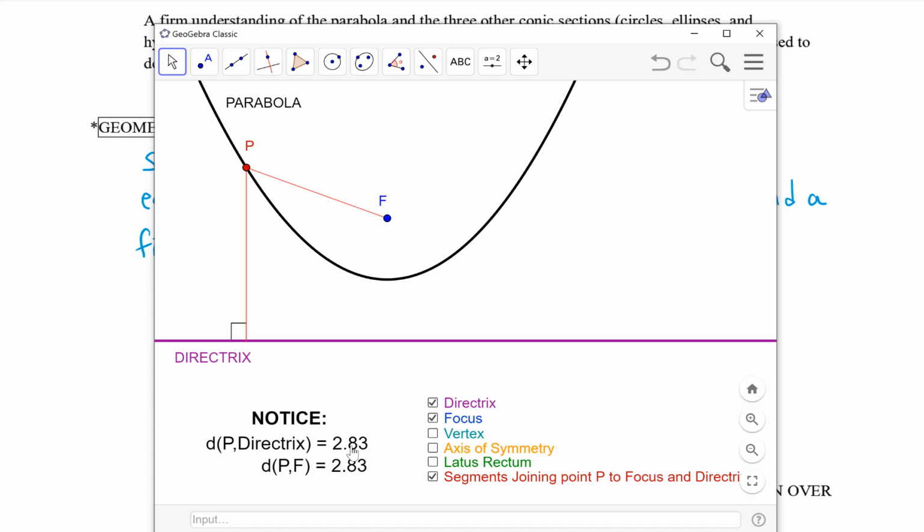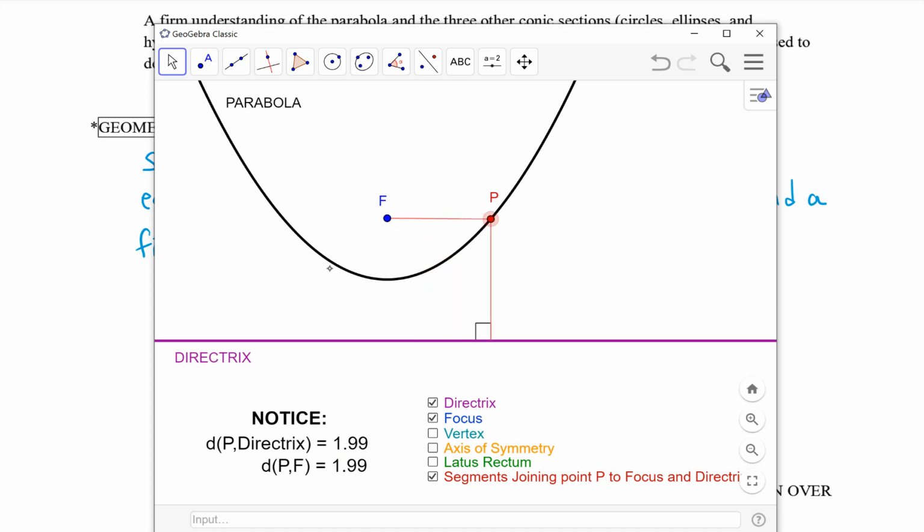So I had GeoGebra calculate that distance. So from this point to the focus is 2.83 units of length. And then that point down to the directrix is 2.83 units of length. They're the exact same distance. And even if I move it, they're still the same distance. And if I move it all the way down here, they're the same distance. Same distance. Same distance.